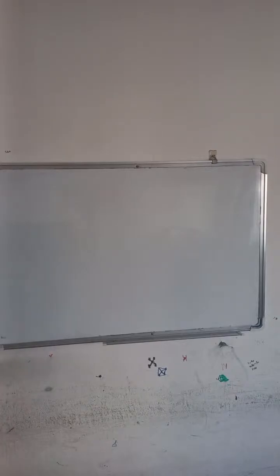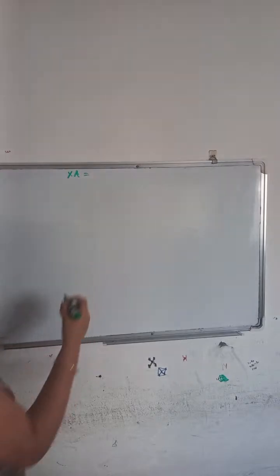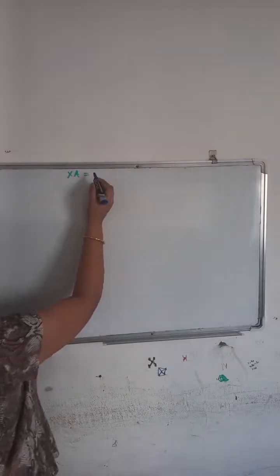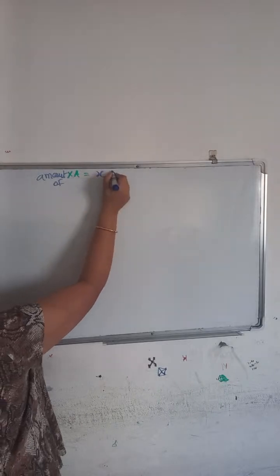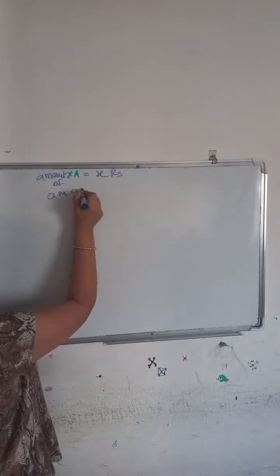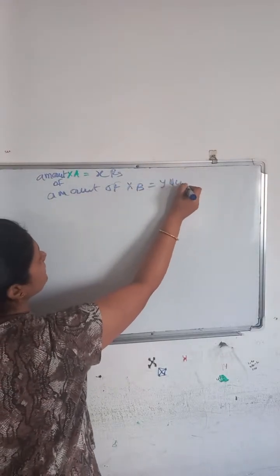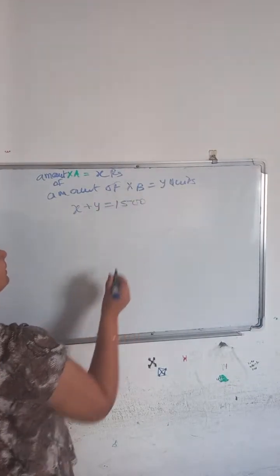So here I will take class A. Write down here: class A, amount of class A is X rupees and amount of class B is Y rupees, and they both contributed how much? 1500 rupees.